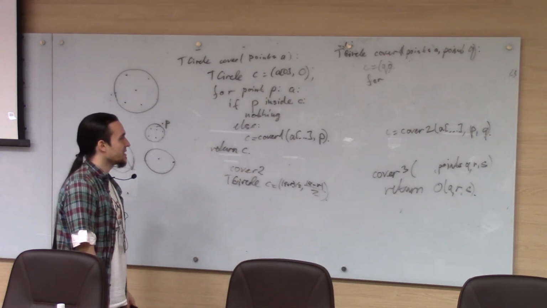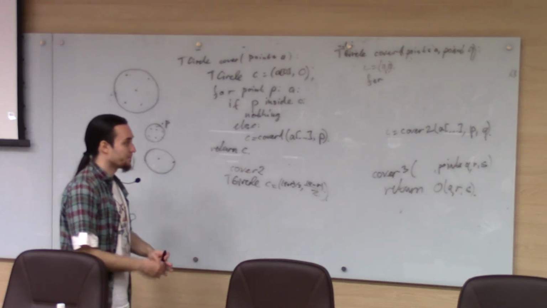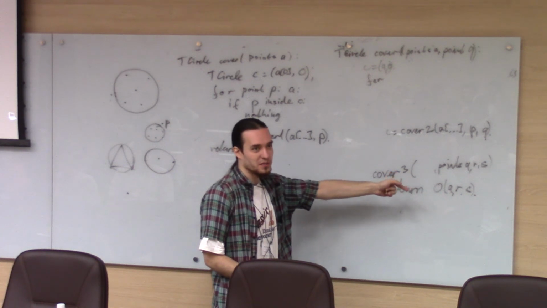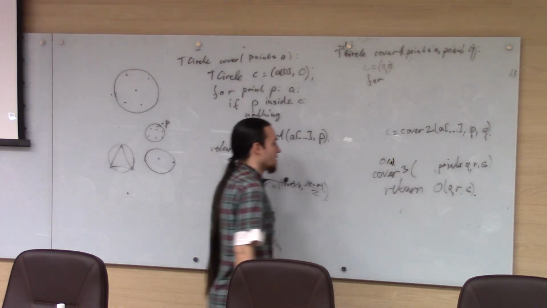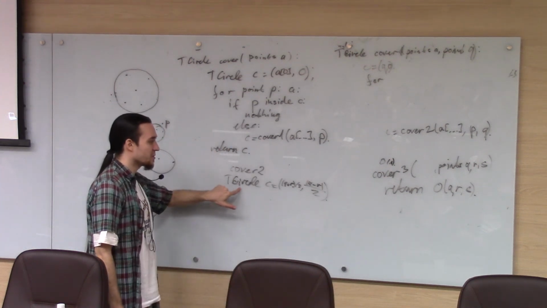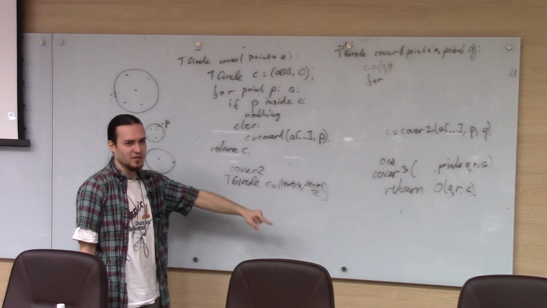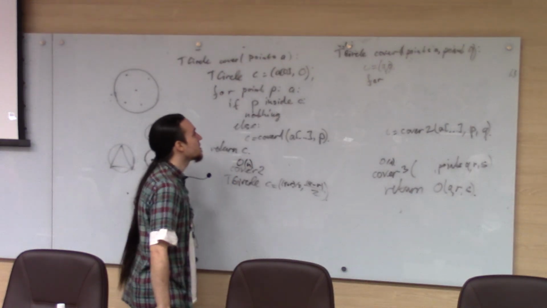So let's try and estimate the complexity of this, right? This function does constant work. It just constructs the circumcircle, so it works in constant time. This function may call the other function at most a linear number of times, and it also does some linear amount of work. So it works in n.